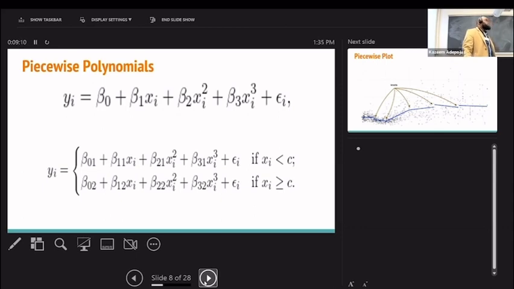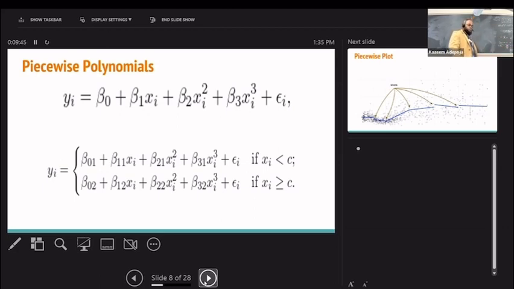But instead of increasing further, maybe saying, let me consider a polynomial of order 4 or order 5, the spline idea can be used, where I'm only going to use a polynomial of order 3. I don't need to consider a higher order polynomial. What a higher order polynomial would give me is what the spline is going to give me when I only focus on this same order.